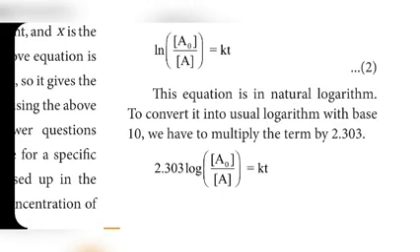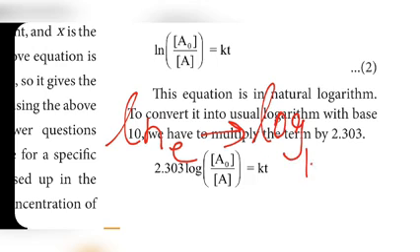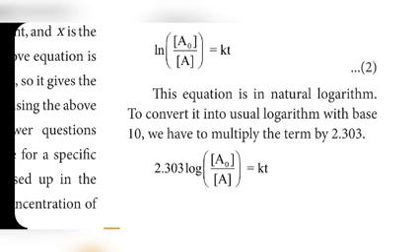For converting log base e to log base 10, the value should be multiplied by 2.303. So here the value 2.303 is multiplied into log A naught by A is equal to kt.